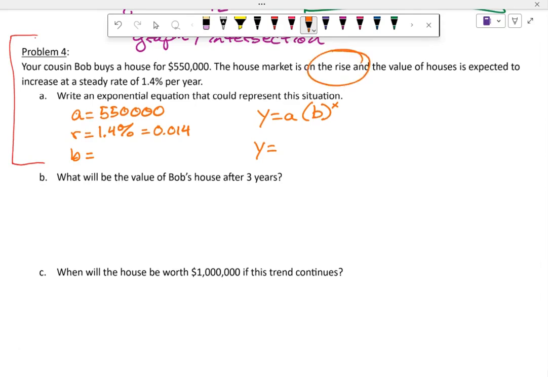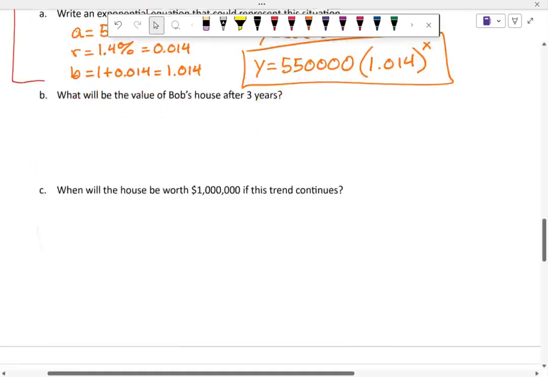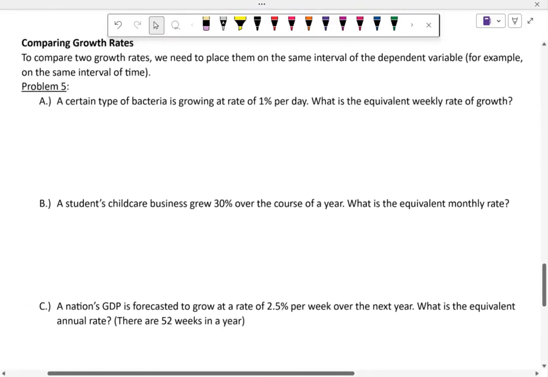It says on the rise, right? So 1 plus 0.014 should be 1.014. So what's our equation? Y equals 550,000 times 1.014 to the power of x, right? All right. Part B and Part C are the same. You find out after 3 years how long will it take. So we're going to go ahead and jump over to the next page, please.